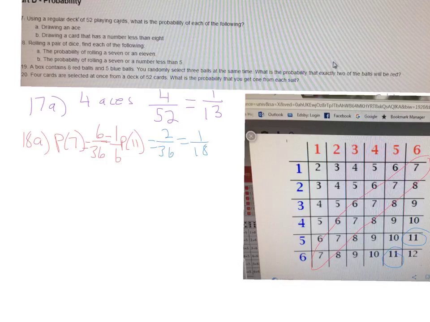And we go back and we look, and there's a keyword here, and it says or 11, okay? So an or in probability means that we're adding 2 probabilities together, and an and means that we're multiplying them.